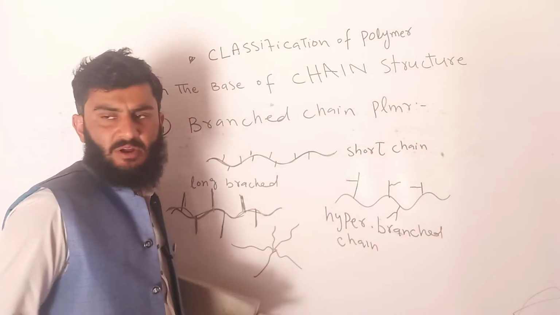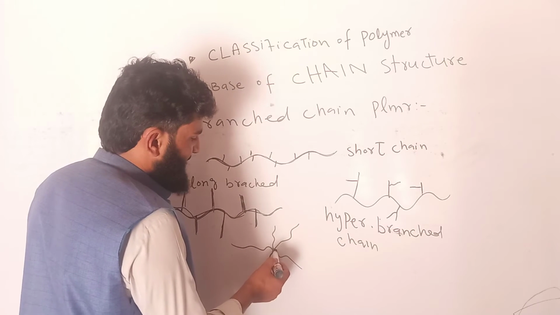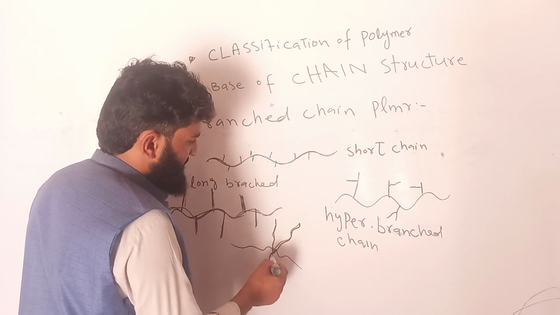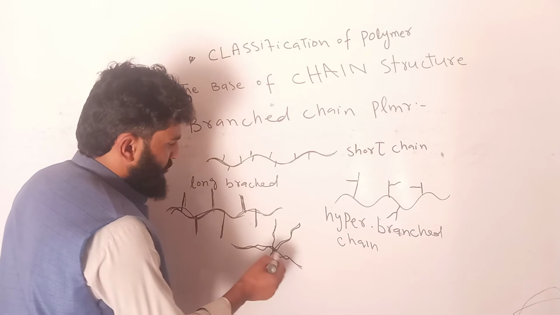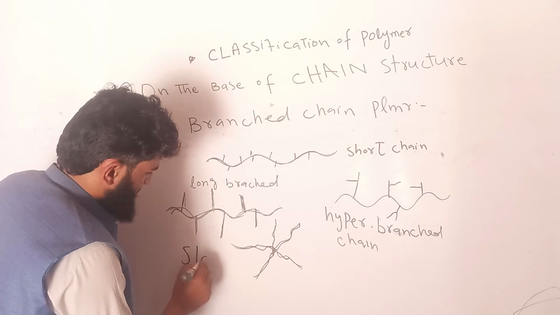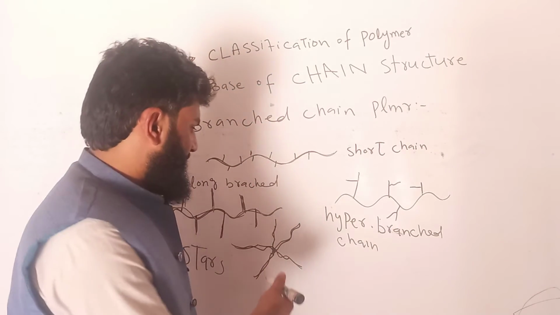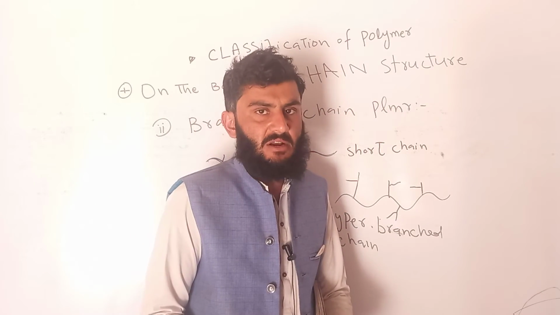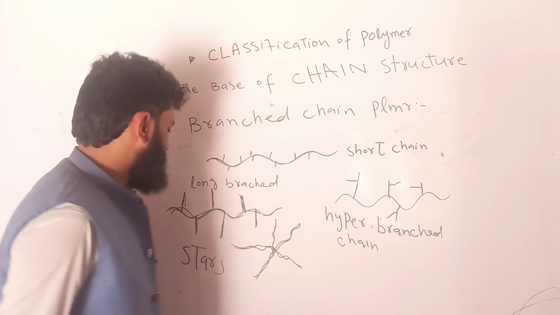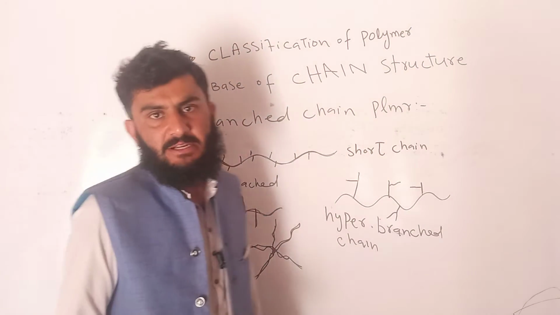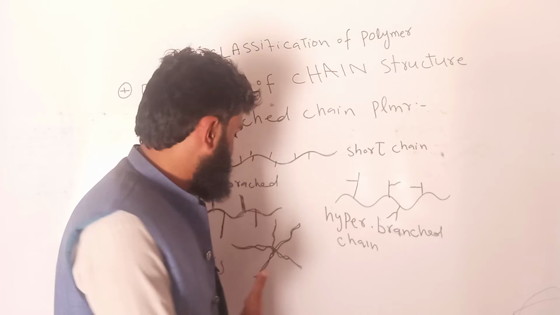And such type of branches, you can see here is a center and it is just like a star. Clear? So it is known as star branched polymer. It is actually just like a star.